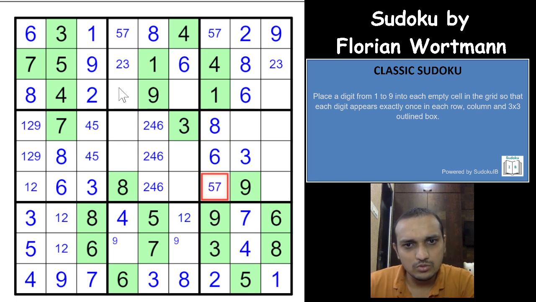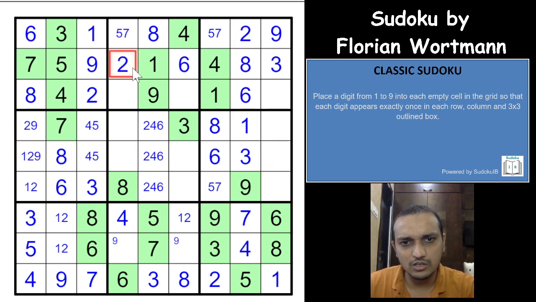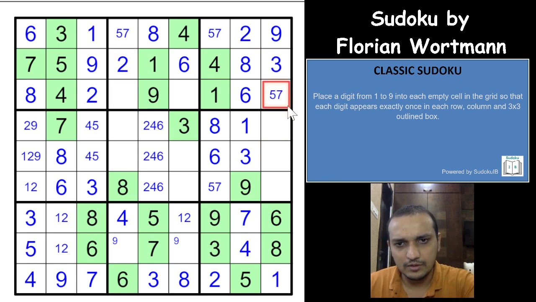Okay, so 2 3 5 and 7. This would have to be a 1, that eliminates 1 from this cell. 5 7 4 and 2, right? Oh, this is a 2 here, so you get directly a 3 here, a 2 here, and this is again a 5 and 7.